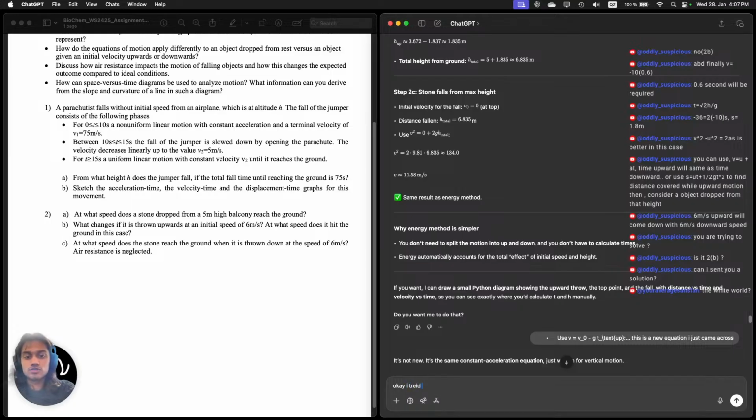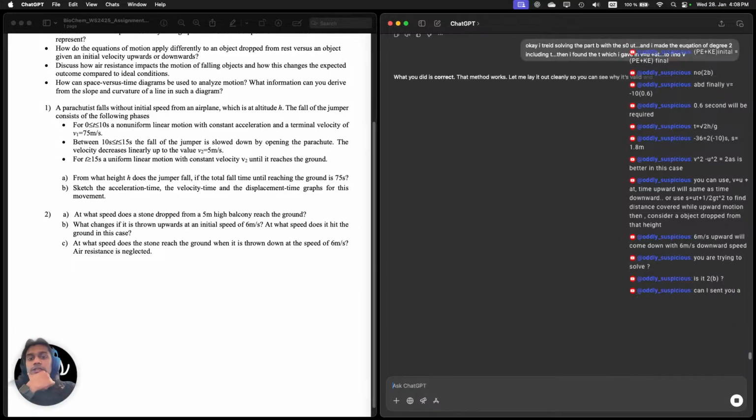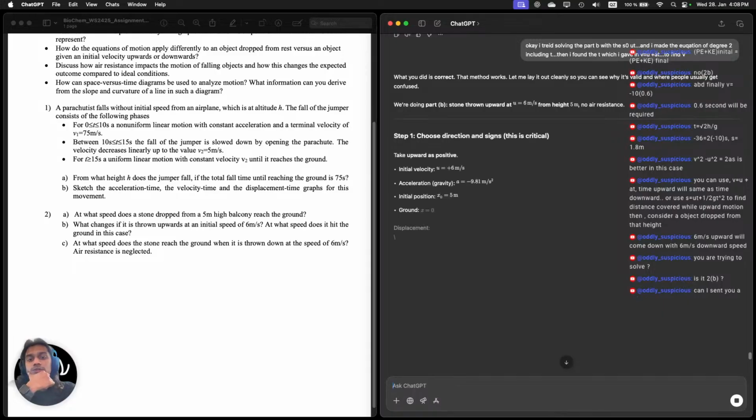Okay, I tried solving. Equation 2 including t, then given... equals... PE, potential energy plus kinetic energy initial equals potential energy plus kinetic energy final.